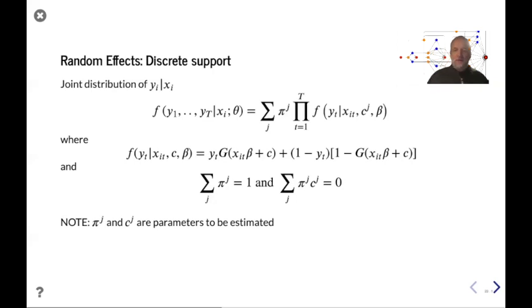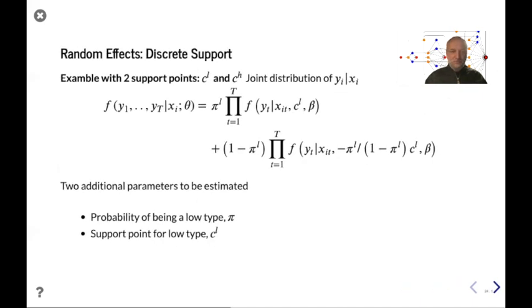It's like the dummy variable trap, or like how we always assume that the mean of the error term is equal to 0, because if the mean was another parameter, you could just move the constant up as you move down the mean of that variable. So here's an example with only 2 points of support.